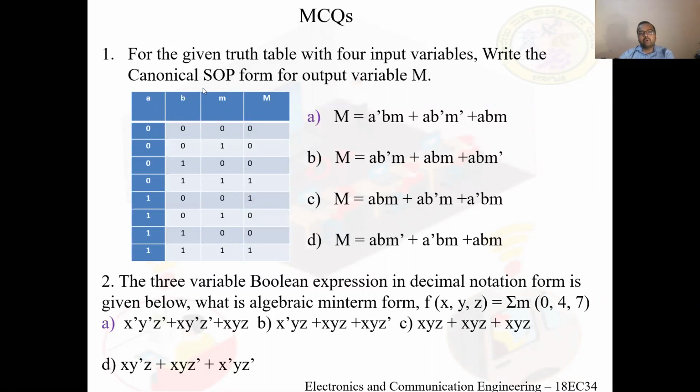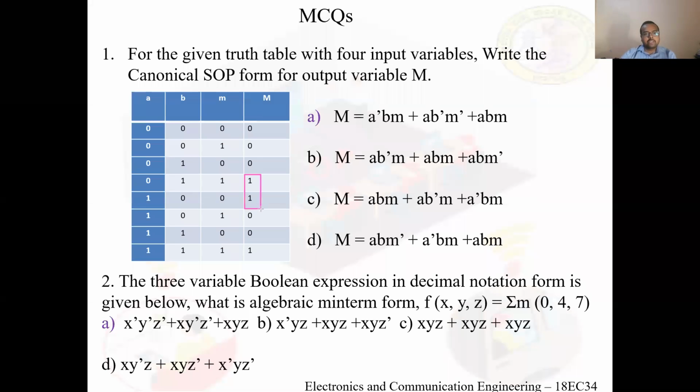Now what do you mean by canonical SOP? Recollect the definition for canonical SOP. It is nothing but what? The sum of minterms for which the output variable is equal to logic 1. So now you need to look for logic ones here. And which are these terms now?